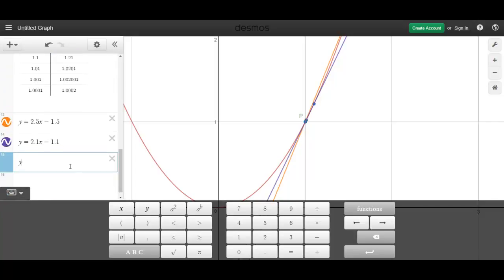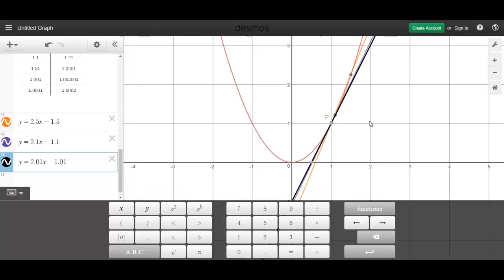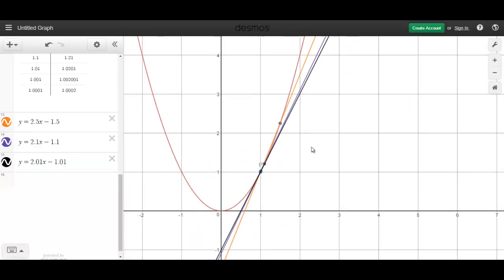And that equation is y equals... Oh, let's see, I didn't write that out real fast too. Let me see, hold on just half a sec. Okay, it's 2.01x minus 1.01. So now we added a new black secant line.